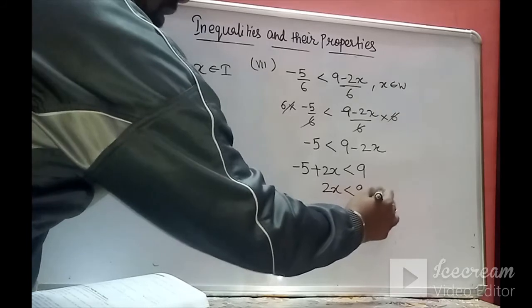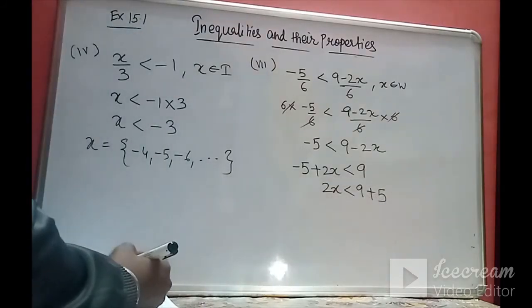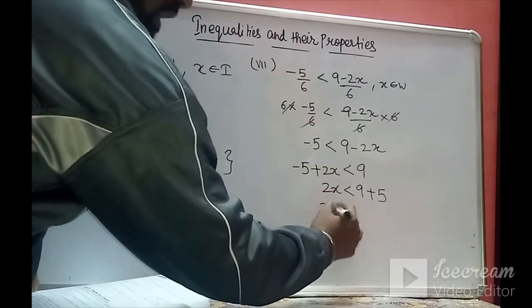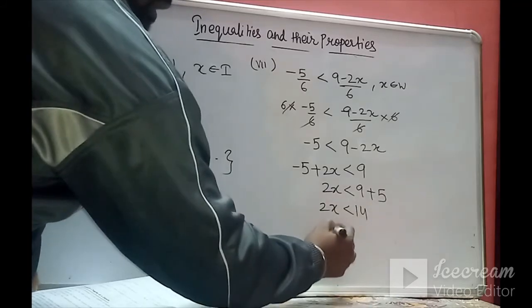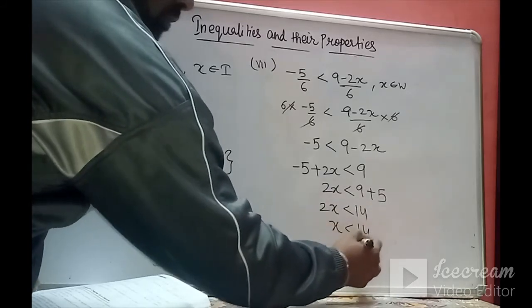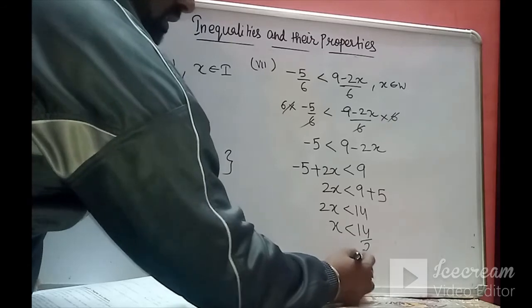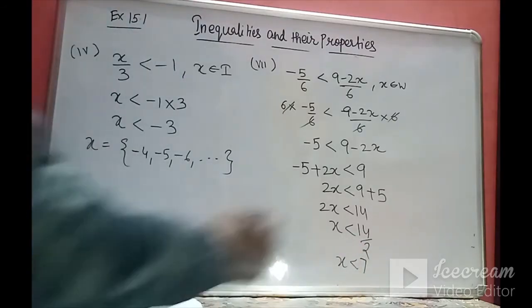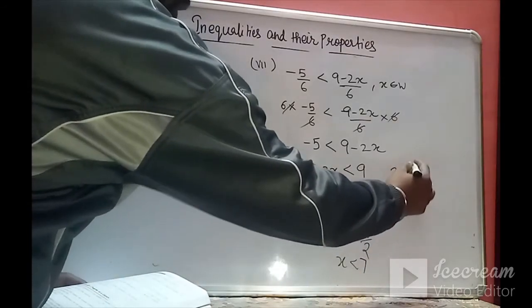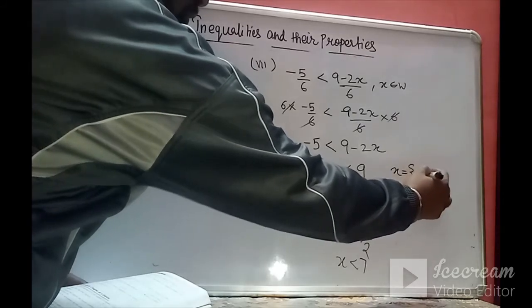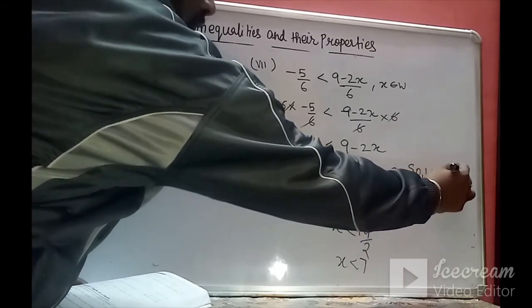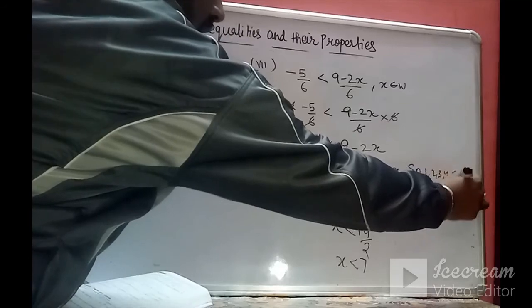So 9 + 5, it will be 2x < 14, and x will be less than 14/2. That means x < 7. So all the whole numbers less than 7, that means 0, 1, 2, 3, 4, 5 and 6.